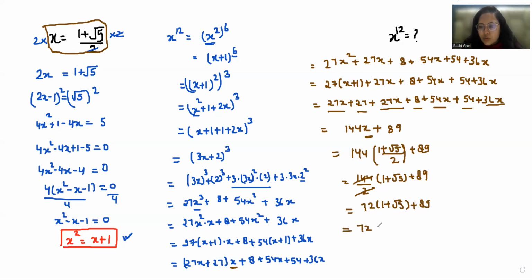So 72 plus 72 square root 5 plus 89. 72 plus 89 is 161 plus 72 square root of 5. So the value of x power 12 is 161 plus 72 square root of 5.